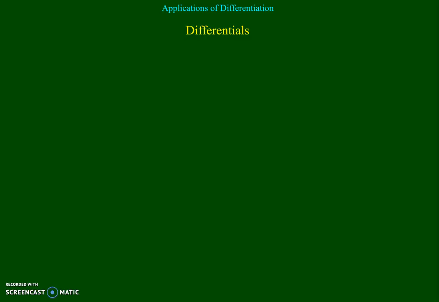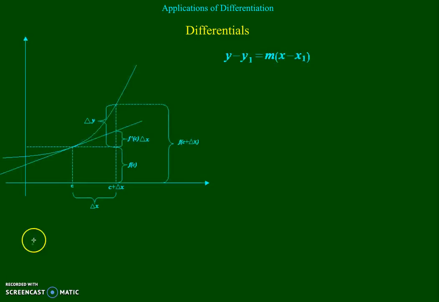So the first idea in differentials is that the tangent line at some point c is an approximation to the function f within the local region of c, within some small distance away from c.